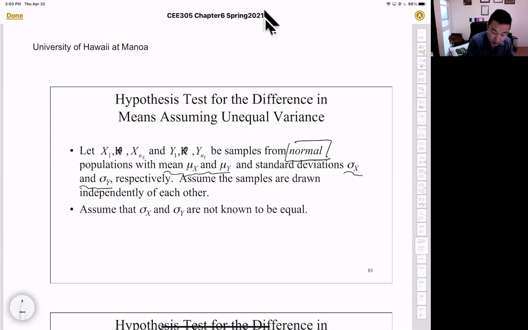These two samples need to be independent of each other. The general condition is that sigma x and sigma y are not known to be equal. If they are equal, we have a different set of equations, but the general case is that these two values are not equal.